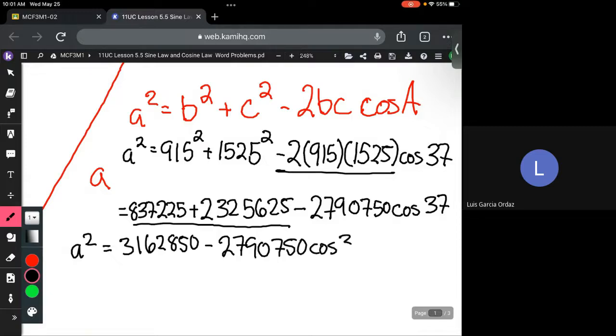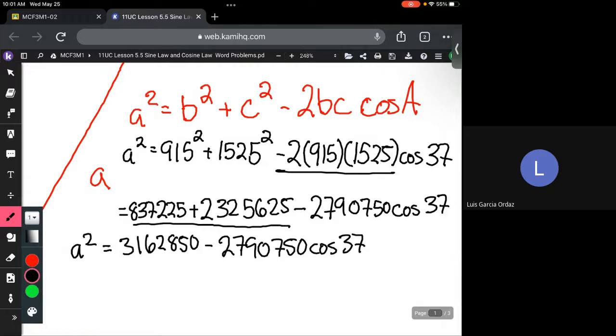What some of you were doing yesterday, which I noticed, is 3 million minus that number in front of cos, but you can't do that because that number in front of the cos is attached to it. So you can't just subtract the numbers together. You have to do 3,162,850 minus whatever 2,790,750 times cos 37 gives you.